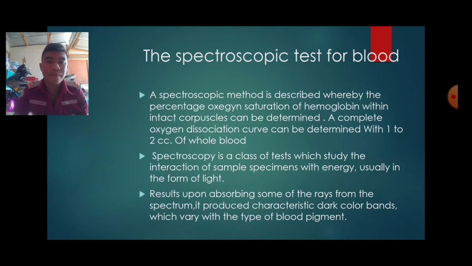Spectroscopy is a class of tests which study the interactions of samples, specimens with energy, usually in the form of light. Results: upon absorbing some of the rays from the spectrum, it produces characteristic dark color bands which vary with the types of blood pigments.